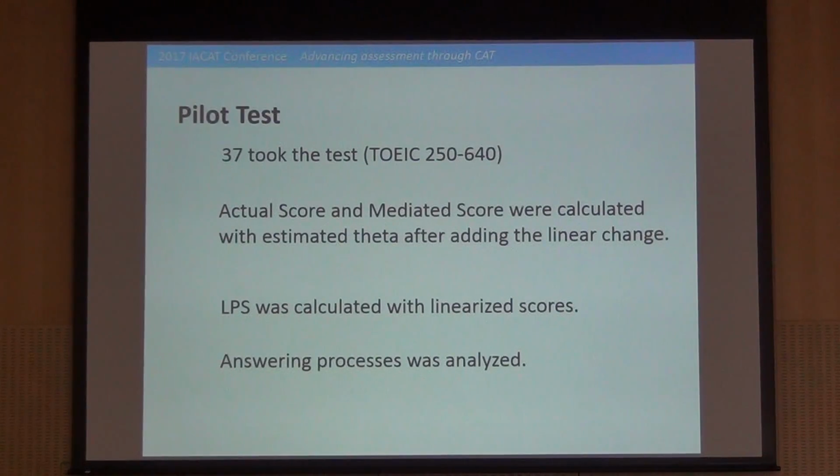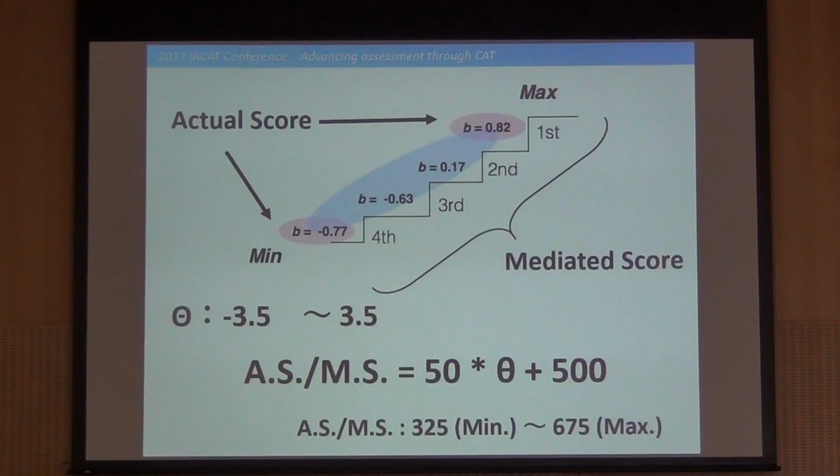So we conducted a pilot test on 37 students, and the actual and mediated scores were calculated with the estimated theta after adding linearization. LPS, the learning potential score, was calculated with the linearized score. The answering process was analyzed. So this is the scoring mechanism.